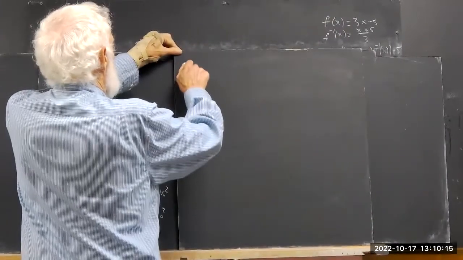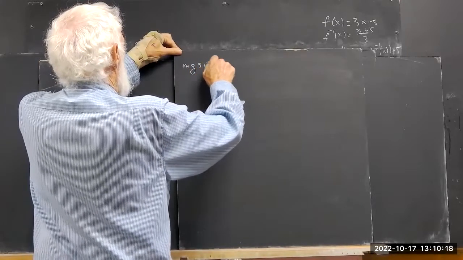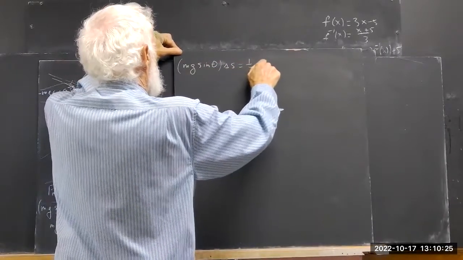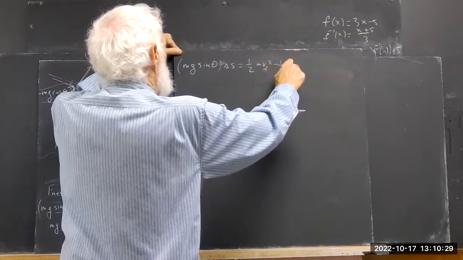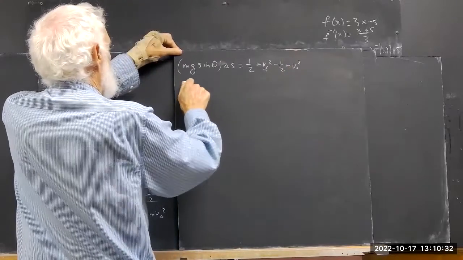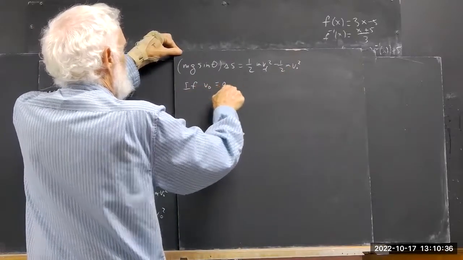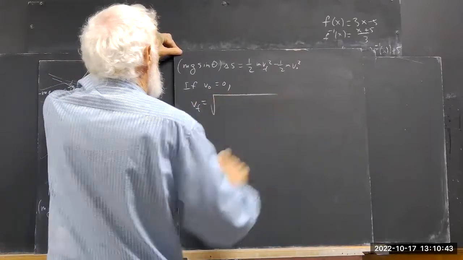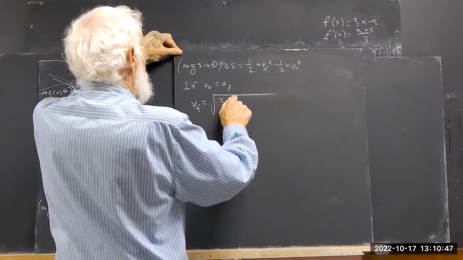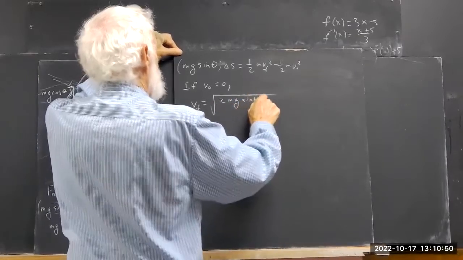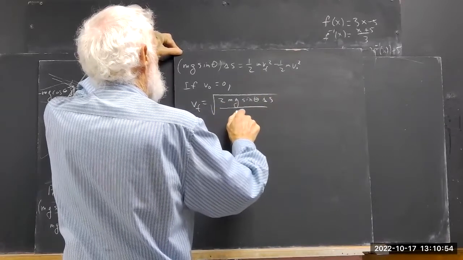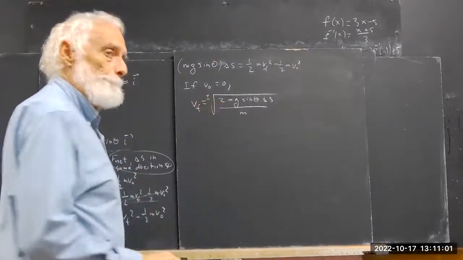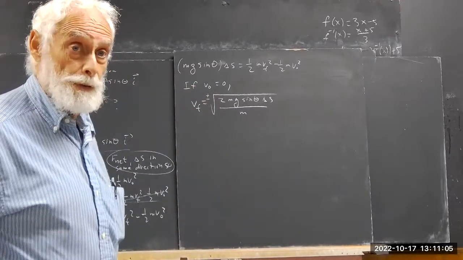So again, we have, if V naught equals 0, then VF is the square root of 2 mg sine theta delta S over M. And it's plus or minus. We have to consider both plus and minus solutions.